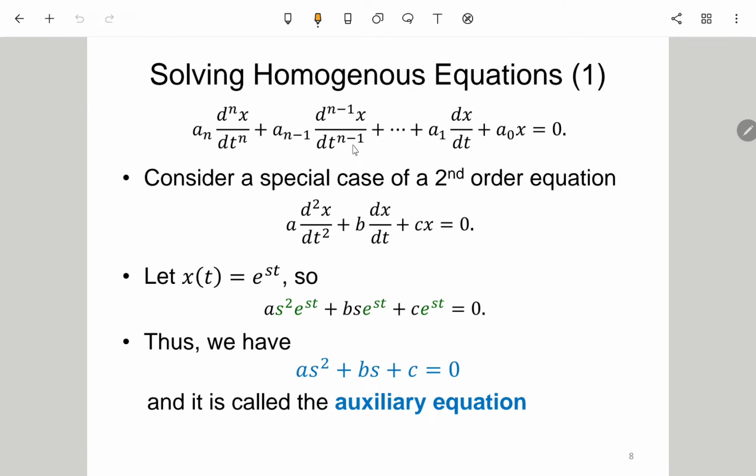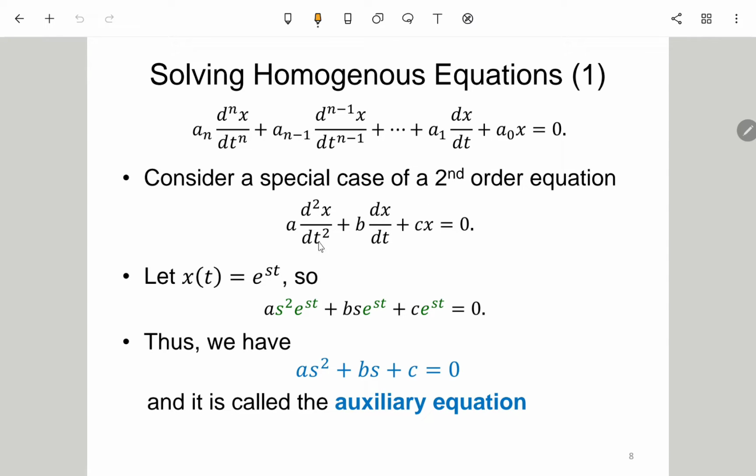order homogeneous equation, and to really show how to solve it, we just make it n equals 2. We have a second order homogeneous equation. We will transfer this into a second order algebraic equation.